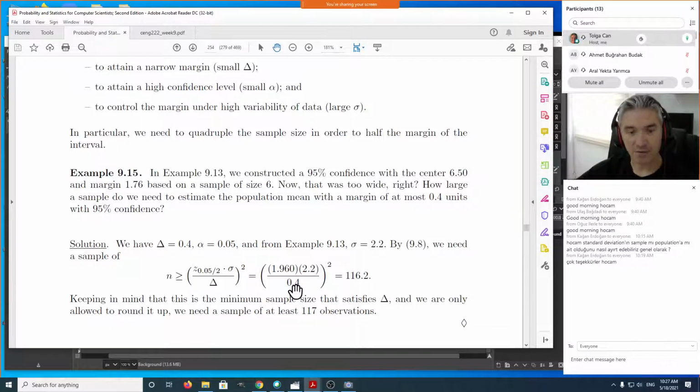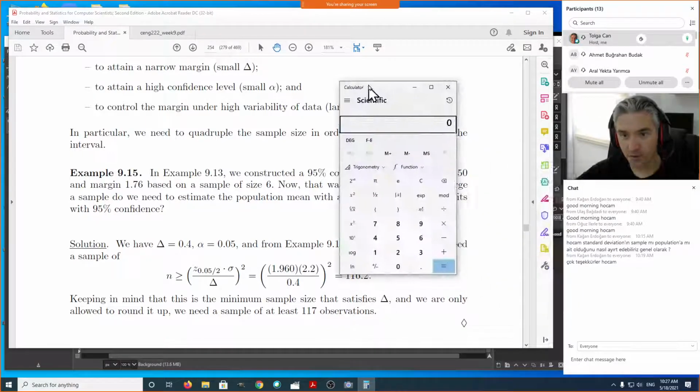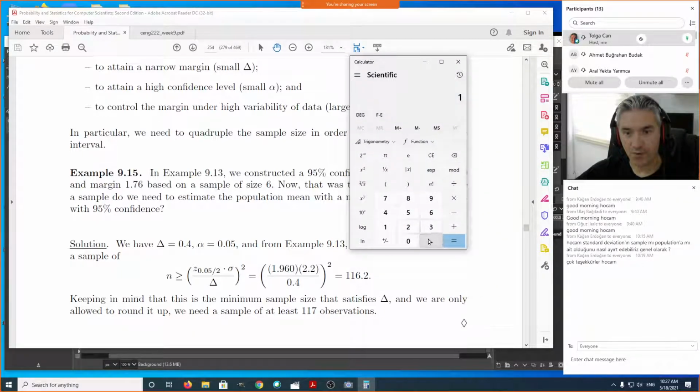This margin was just reduced from 1.76 to 0.4. So where is my calculator? Oh, it's right here behind the chat. 1.76 divided by 0.4 is 4.4. Square that. So it has to be this much.